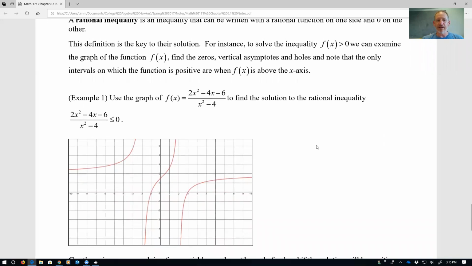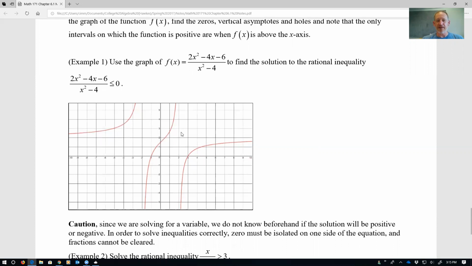The first one, we want to use this graph of the function (2x squared minus 4x minus 6) over (x squared minus 4) to find the solution of the rational inequality where that function is less than or equal to 0. We're going to be looking at the graph here, and let me get my pen out.